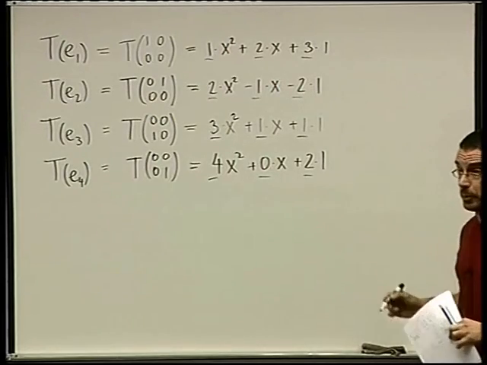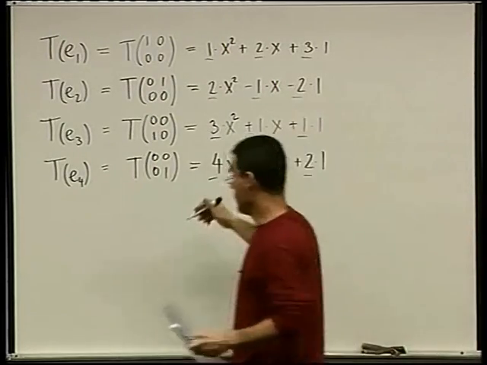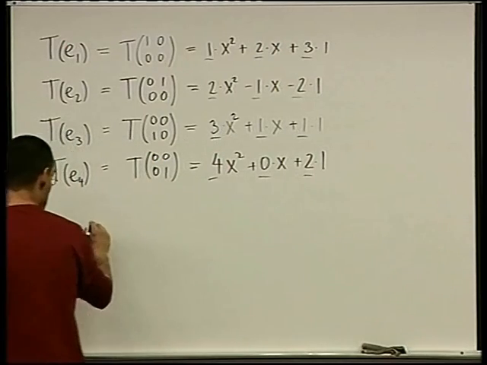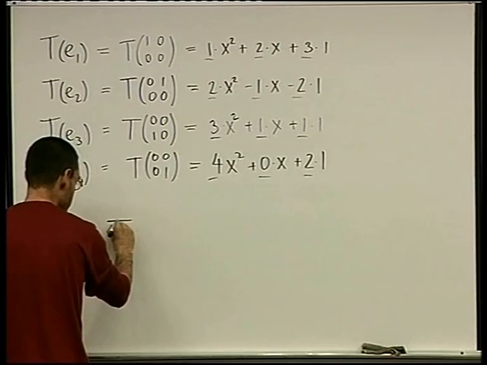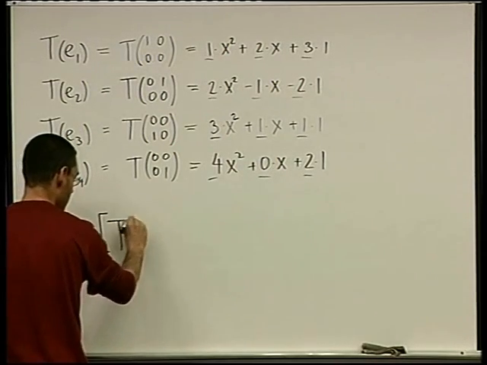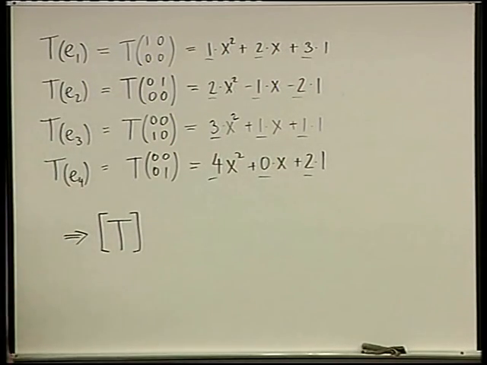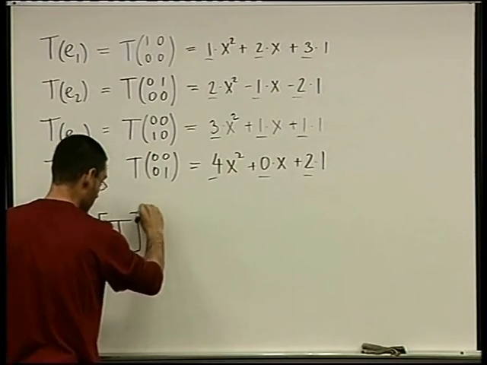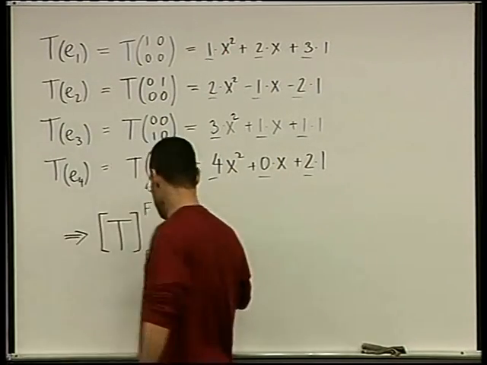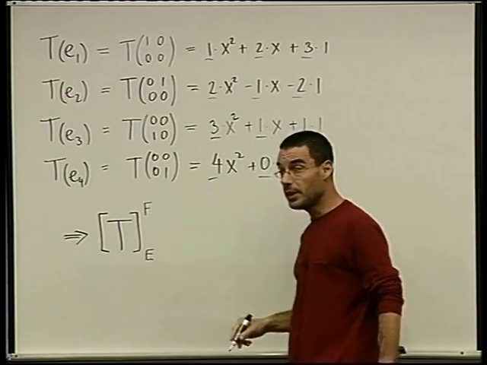I take the coefficients and write the transpose. Okay? So my matrix is going to be, and the way it's denoted is T. And now there are two bases that were involved. The basis E for the domain space and the basis F for the range space. So the way it's denoted is like this, with E here and F here.